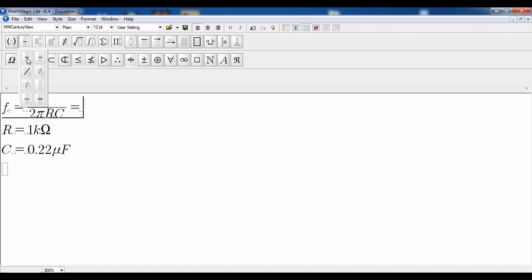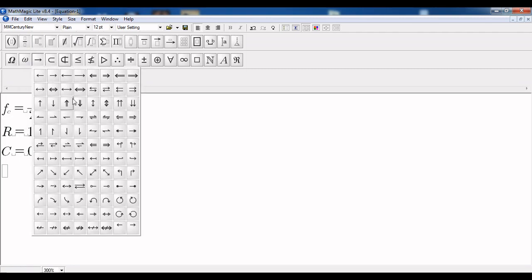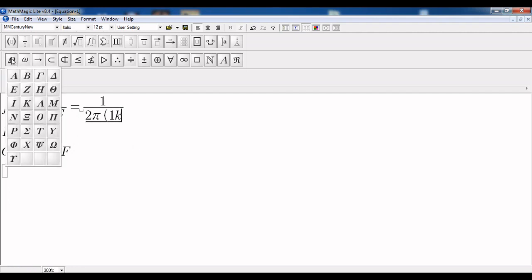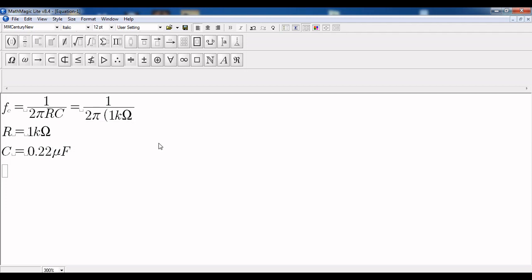So still have the 1 here, then 2 pi, and then the 1 kilo ohm multiplied by the 0.22 microfarad.